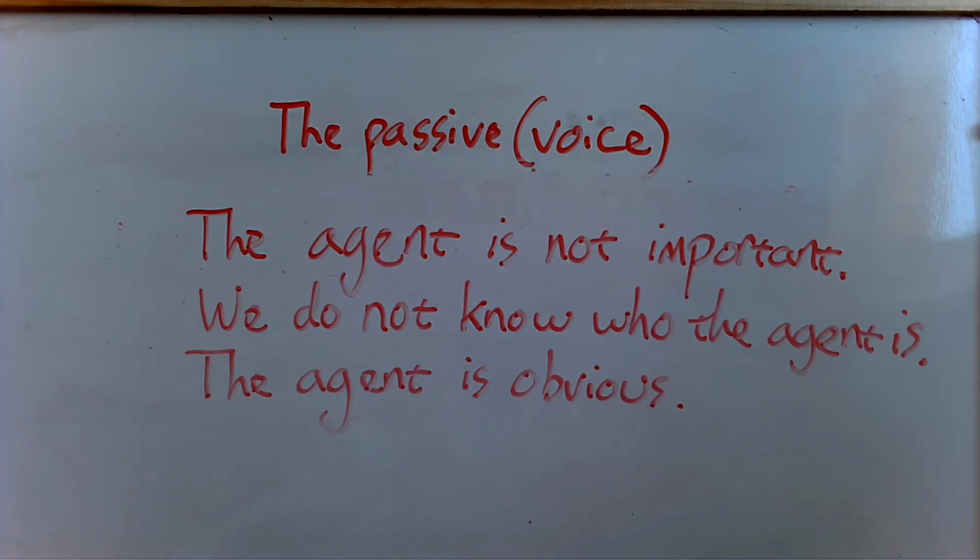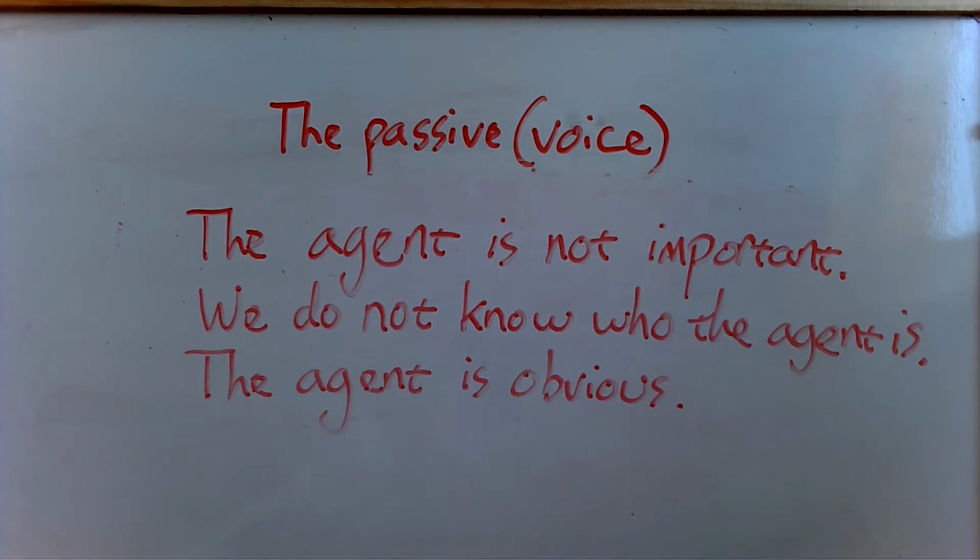We don't care in this case who broke the window. It's irrelevant to the person we're speaking to, the person who is repairing the window. So the window was broken. I want it to be repaired.